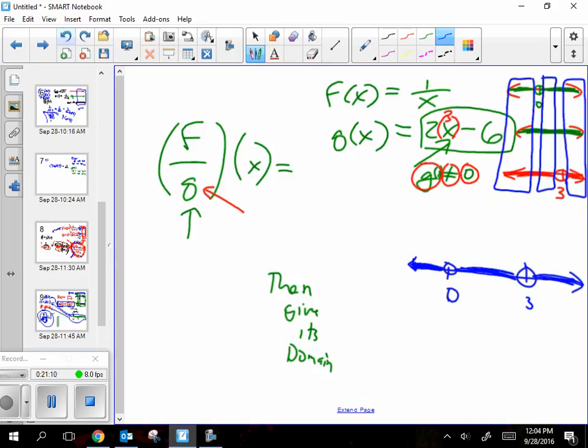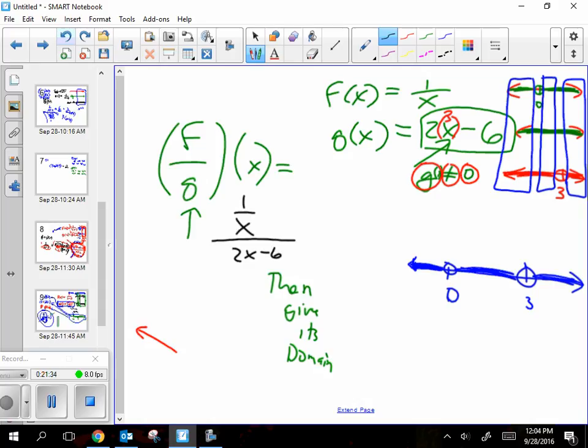Good question. All right, let's actually figure out what this function is. Notice, I didn't even ever find out what this function was. And I found its domain. Because you look at the parents to figure out the domain. So I'm going to go now and figure out what is f over g of x. It is 1 over x over 2x minus 6.